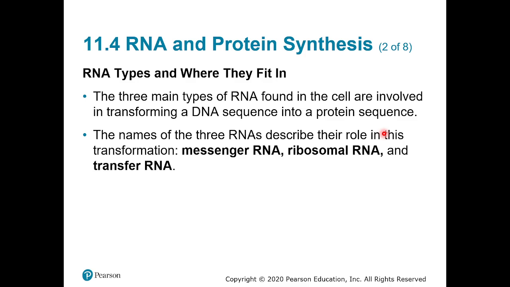And that's probably the process you had all heard of before. The three types of RNA you're going to find in your typical cell are messenger RNA, ribosomal RNA, and transfer RNA. And actually, they do pretty much what the names on the tins say.